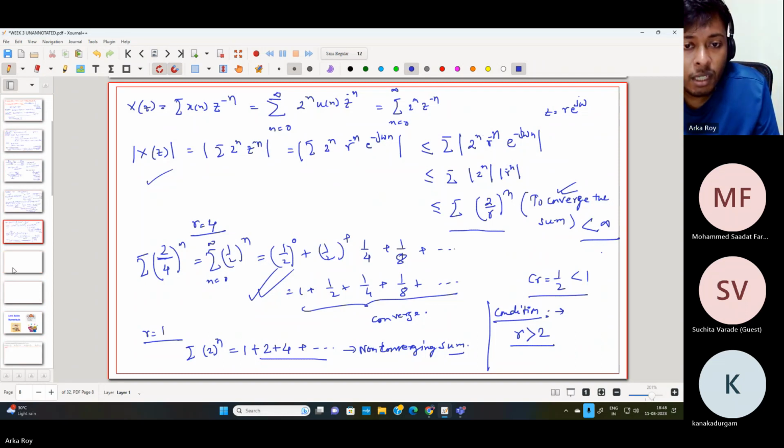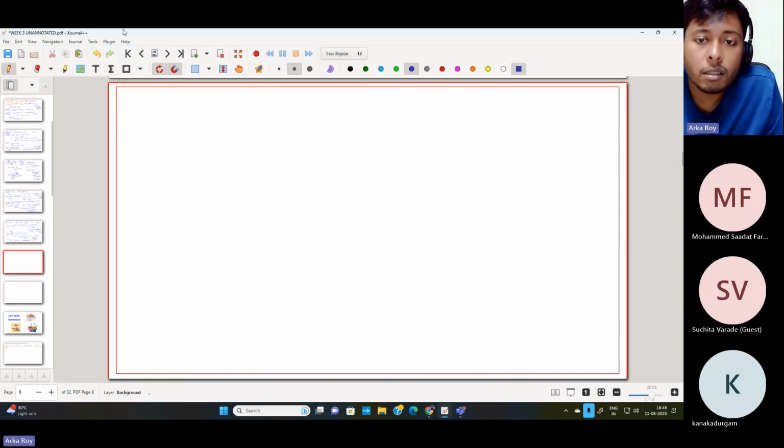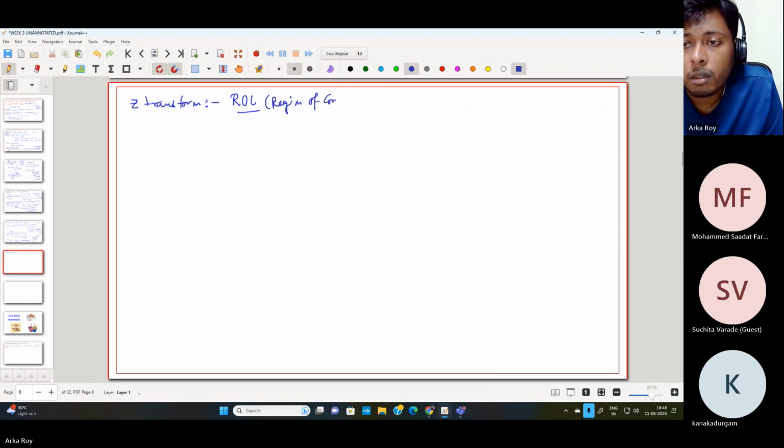Okay. And with the Z transform, we also have to be very careful about the ROC, that is called the region of convergence.